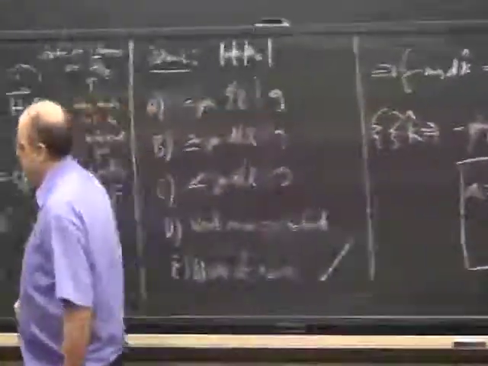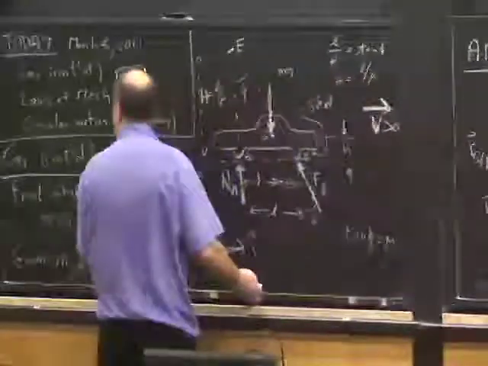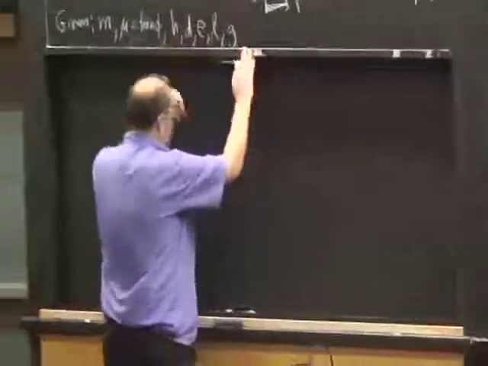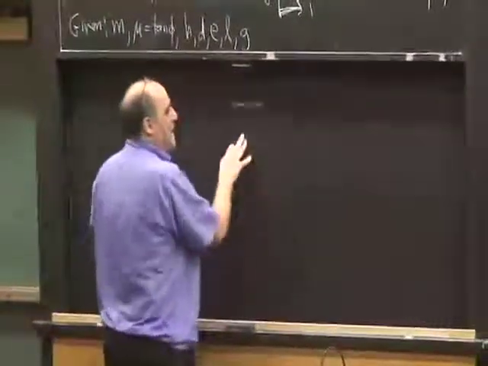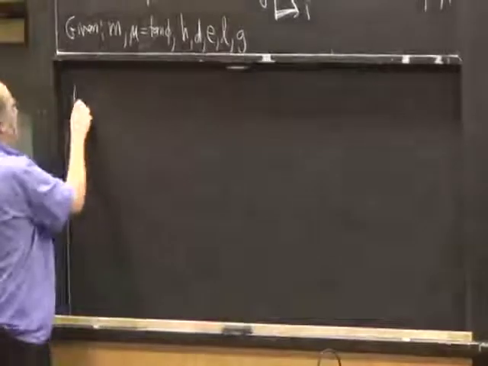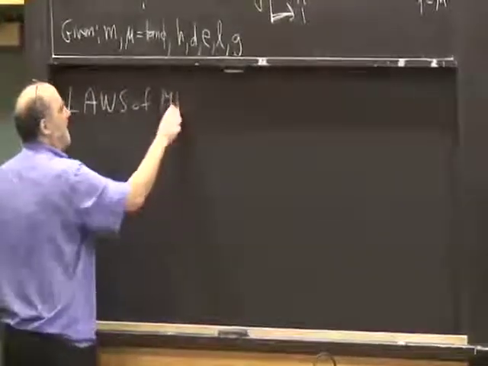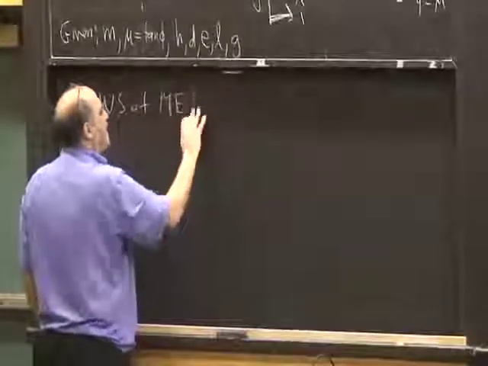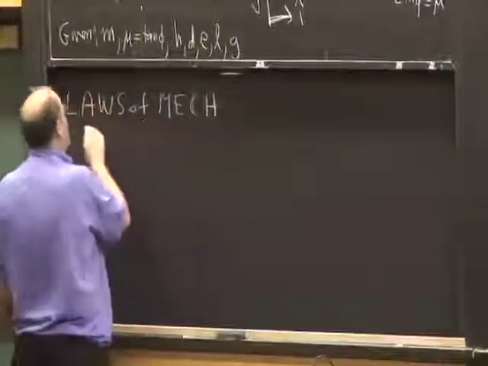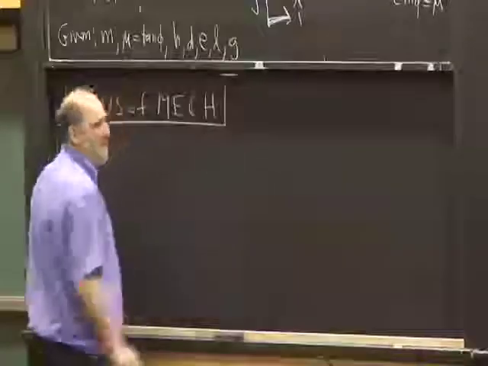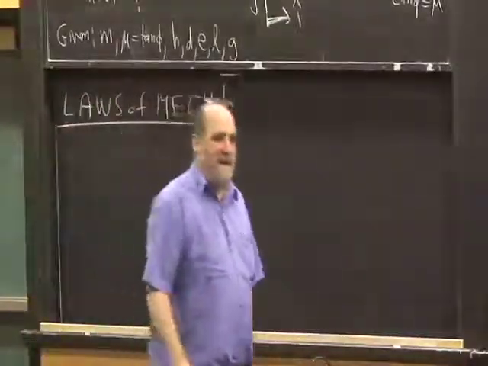Okay, so now let me just do a quick aside on the laws of mechanics, because now we're starting to plug in these laws. If you look in the front cover of your book, the laws of mechanics are summarized, and really you should know that inside front cover, both of those pages, left and right, inside and out.